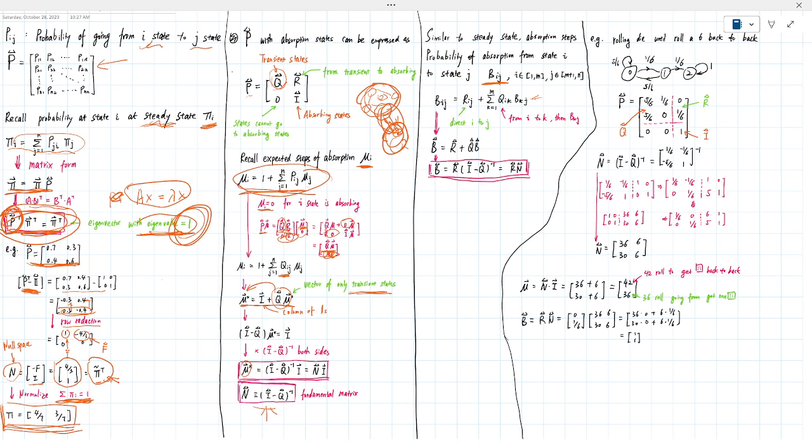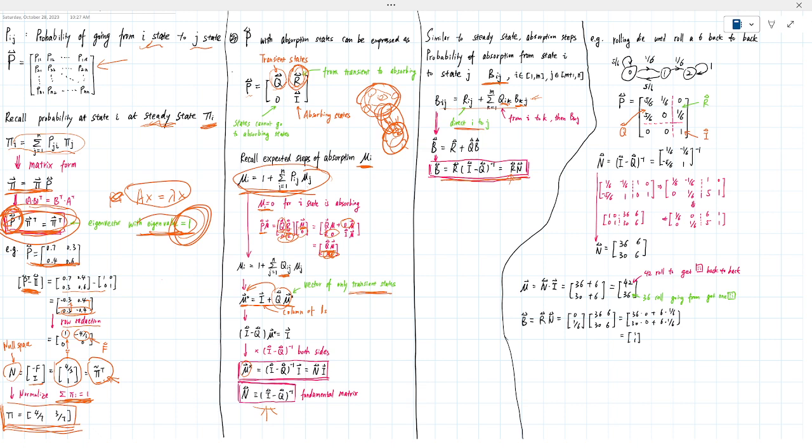This can be divided into going directly from I to j, which is the transient to the absorbing, and the probability of going from state I to state K, and then from K to J. Translating this to matrix format, you will end up getting R N, where R is this block of the matrix.